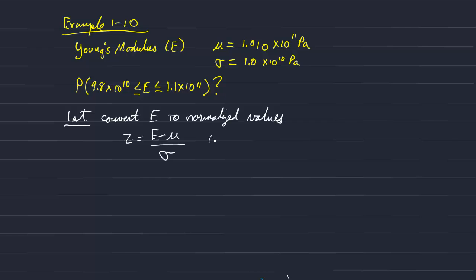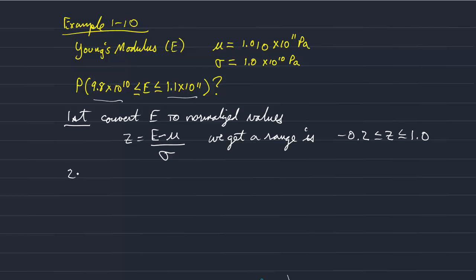And we get a range. The range in question is minus 0.2 to 1.0, right? So this is equal to the mean, so that's 1, and this is less than the mean, so we get a negative number. It's 2/10 of a standard deviation.